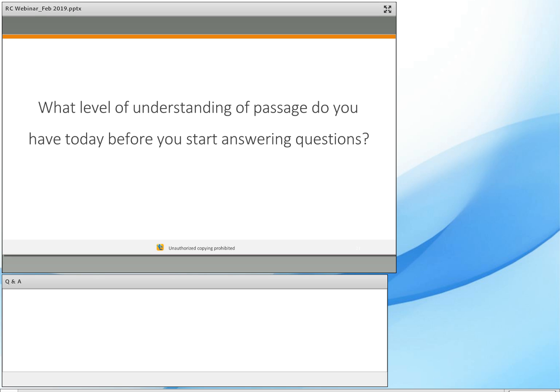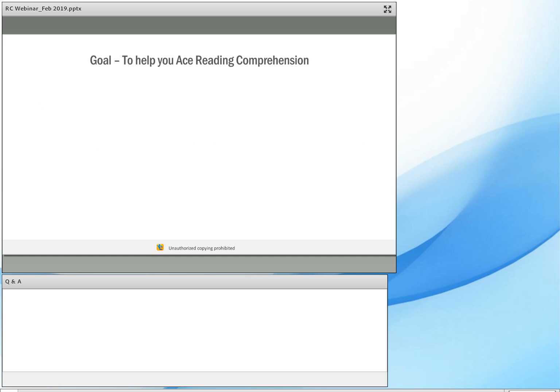My goal would be that if you are in that 75 to 90, how do I nudge you more towards that 90? And if you are in that 50 to 75, how do I inculcate some habits which you continue to practice, so that you can get into that 75 to 90 bucket? Because once that happens, acing GMAT RC becomes fairly easy.